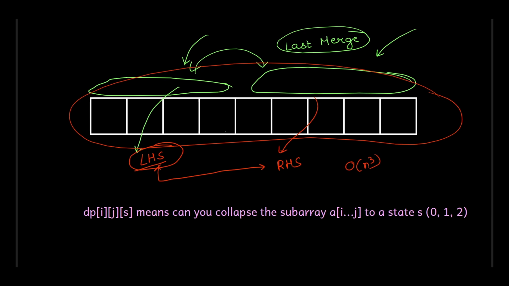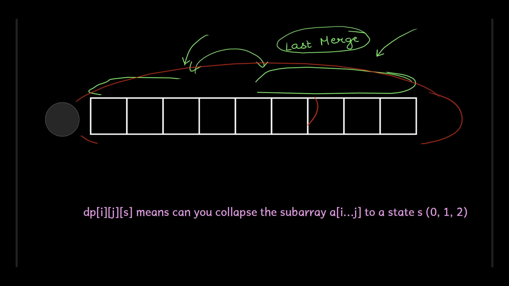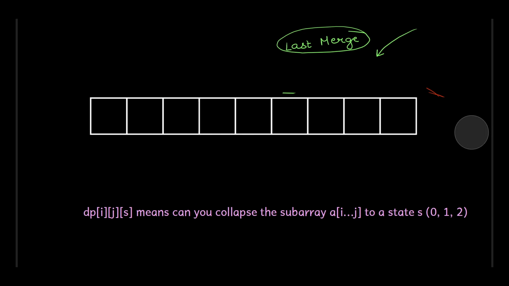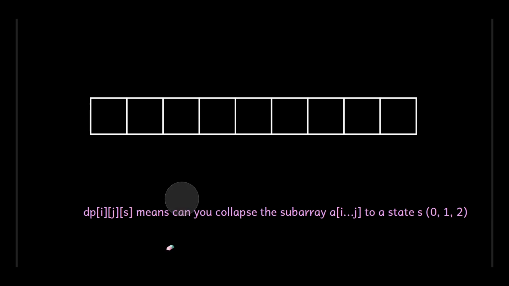Why? Because for each subarray, you want to find the optimal point where you do the last merge, but you don't know where this optimal point is.